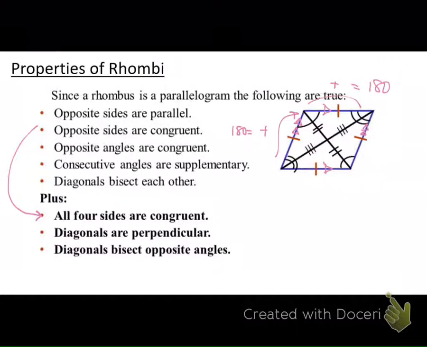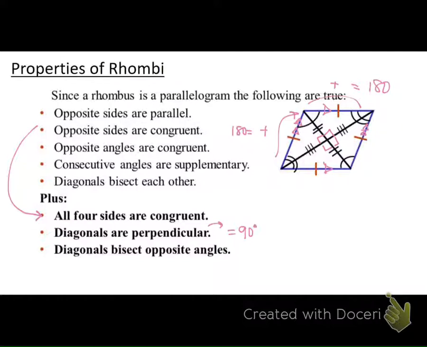Diagonals are perpendicular. What does perpendicular mean? It equals a 90-degree angle. So that means that these angles are all 90 degrees. This is the first shape we've had that has diagonals that are perpendicular.